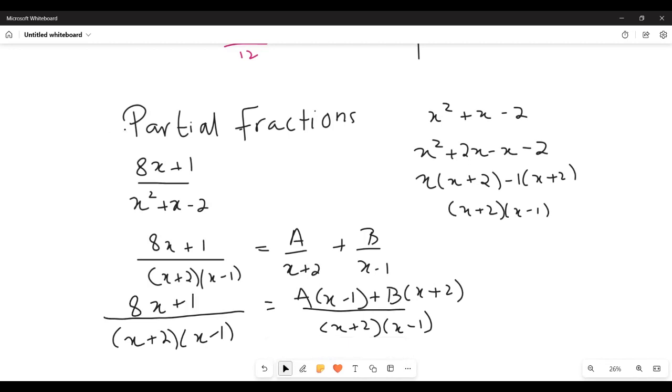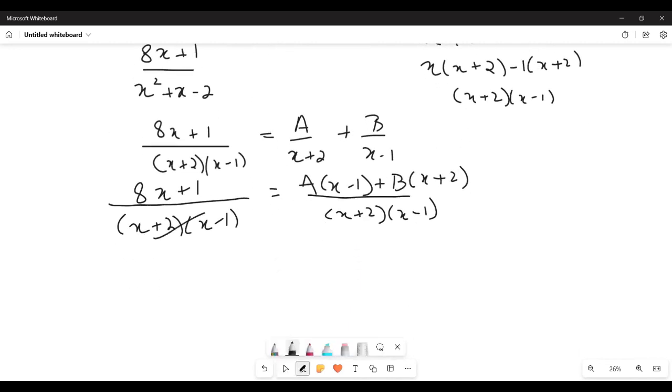So the denominators cancel out. And we have 8x plus 1 equals a(x minus 1) plus b(x plus 2).